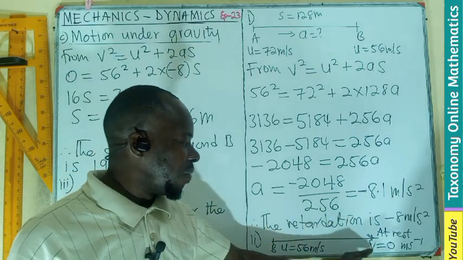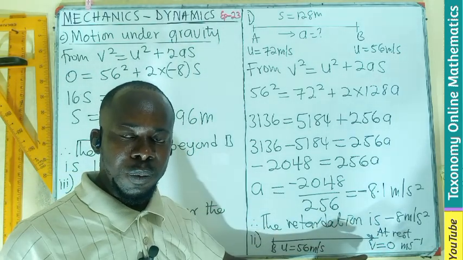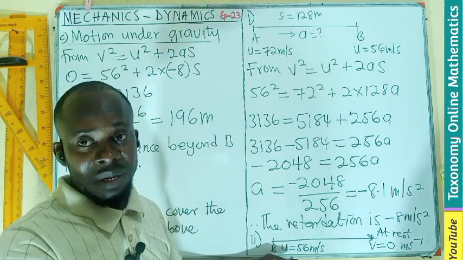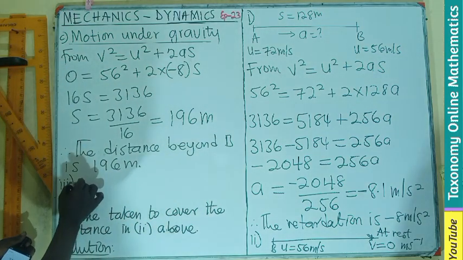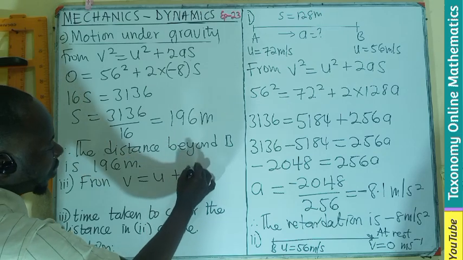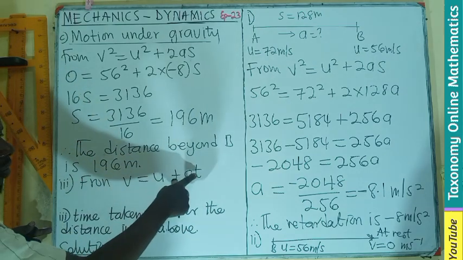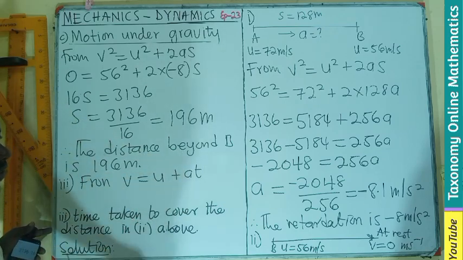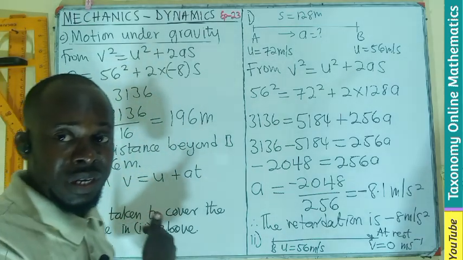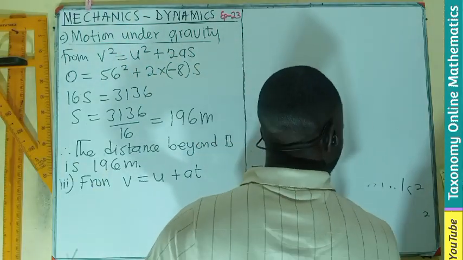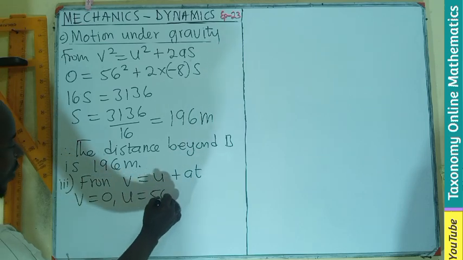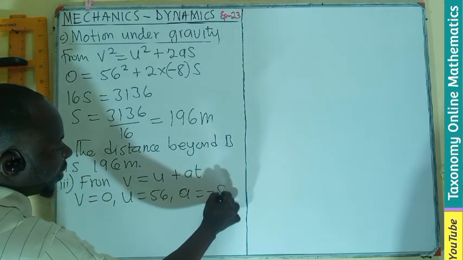Initial velocity, final velocity, and acceleration are known, so we can find the time using the first equation, v equals u plus at. The acceleration is a uniform retardation, so we can easily find the time. Here v is 0, u is 56, a is negative 8.